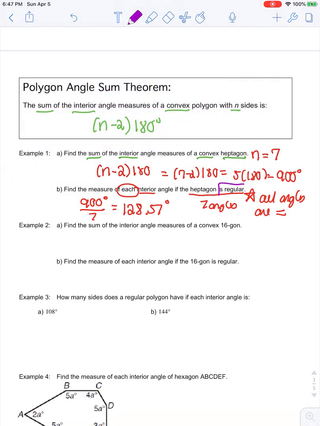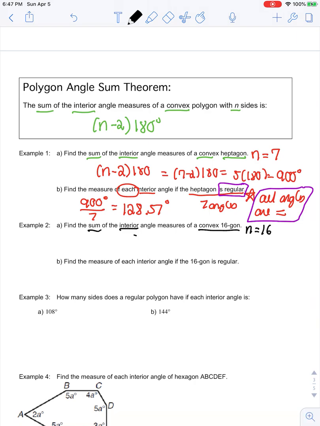Now keep in mind, this only works if it is a regular polygon where all the angles are equal. Okay?